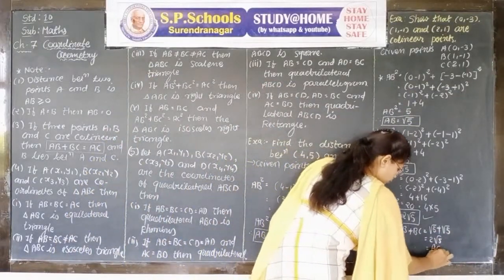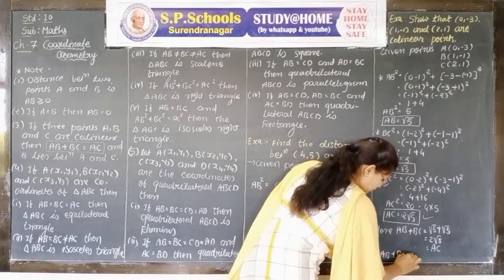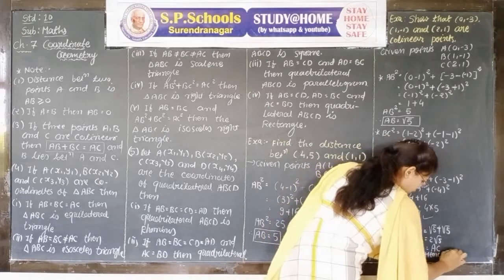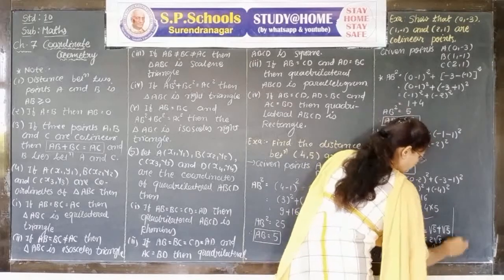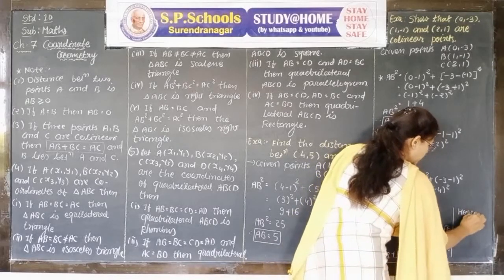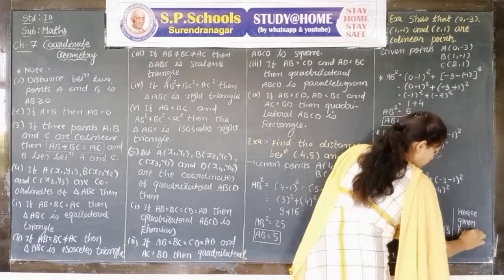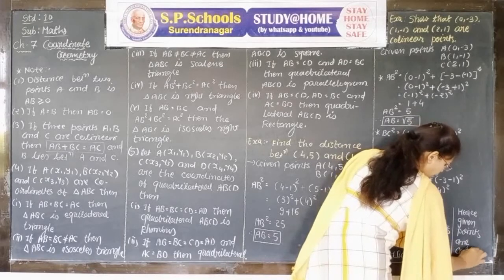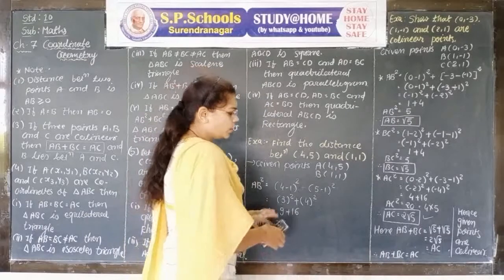Therefore AB plus BC is equal to AC. Hence, the given points are collinear.